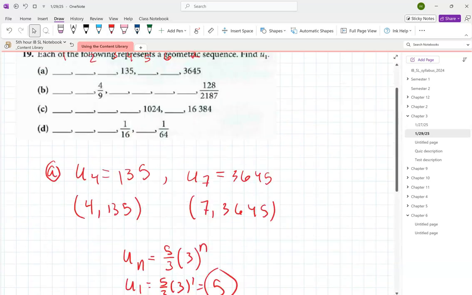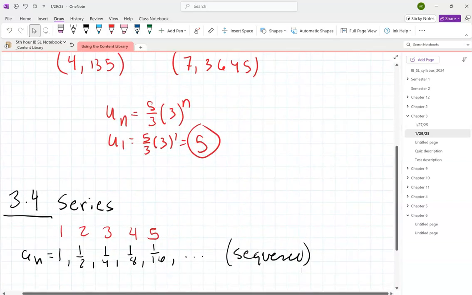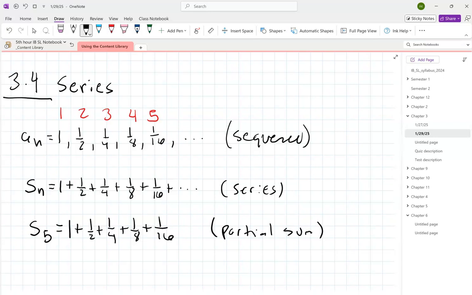So remember we talked about geometric sequences? If the terms go from one term to the next via multiplication, like each of these is times 1/2, I would recognize this as geometric.